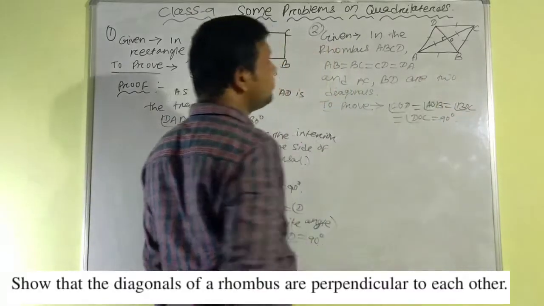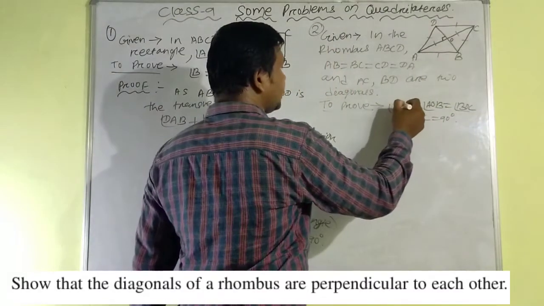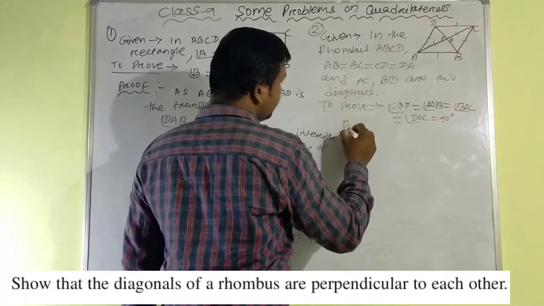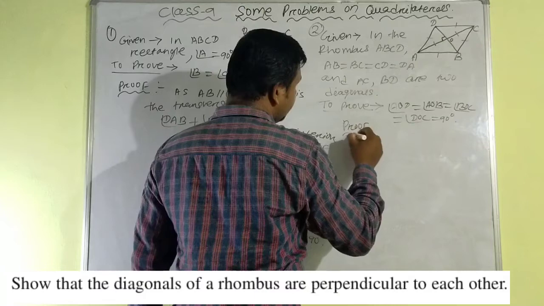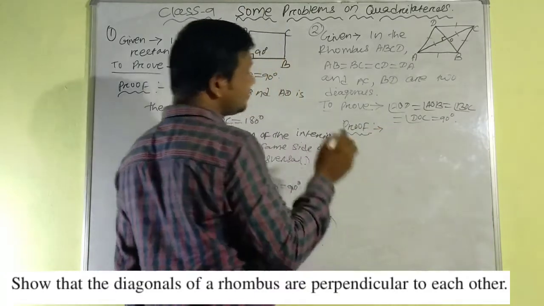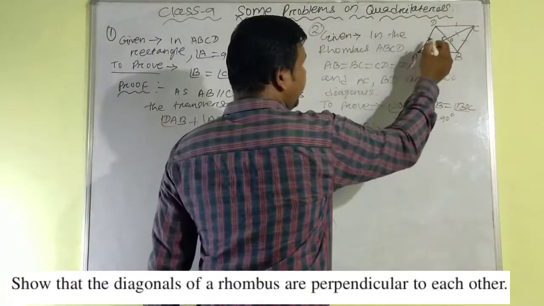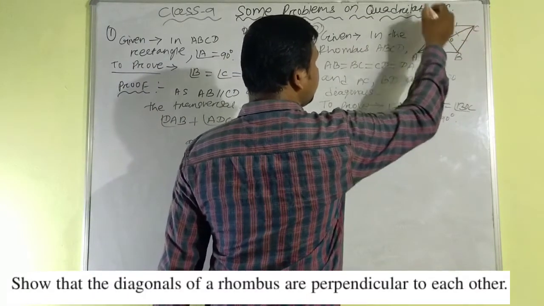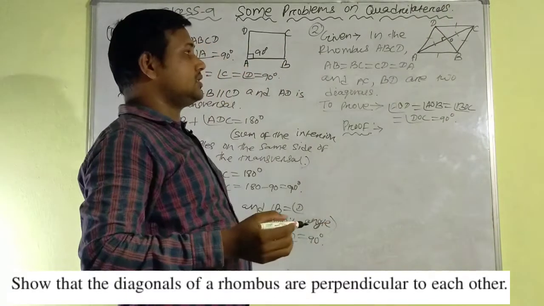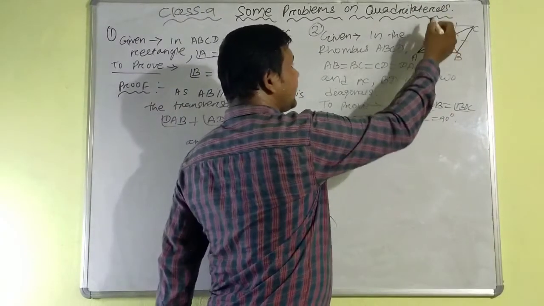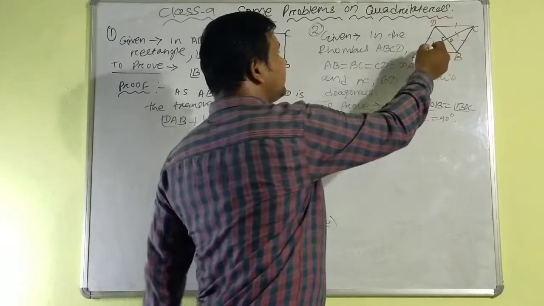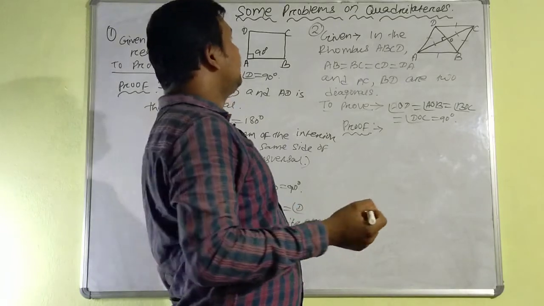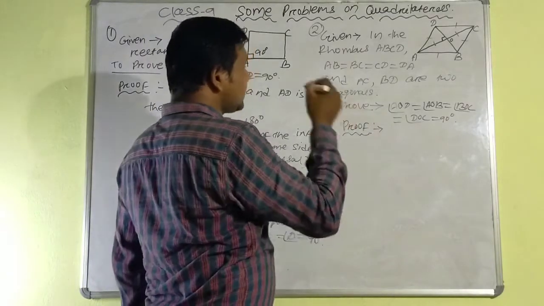Any angle we have to prove as 90 degrees, then our proof will be complete. So now come to the proof part. Here given, we have to prove first that triangle AOD and triangle COD, or triangle AOD and triangle AOB, any two triangles, are congruent. Then we will prove the statement.